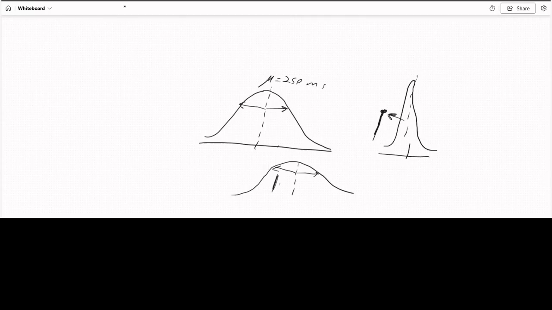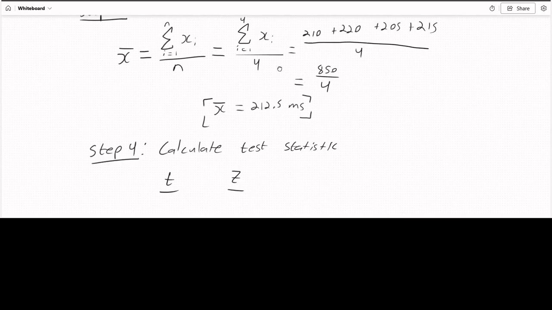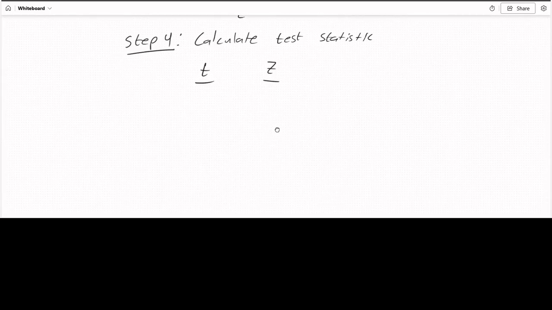So standard deviation is very important to know in this context because it tells us how certain extremes of values will help make us more or less sure in disproving our null hypothesis. Okay, we will do this calculation in the next video though.